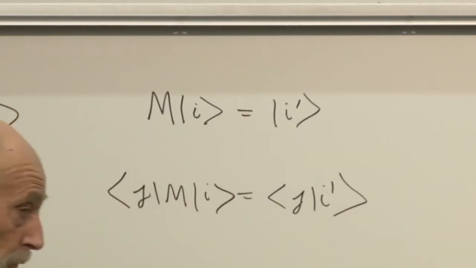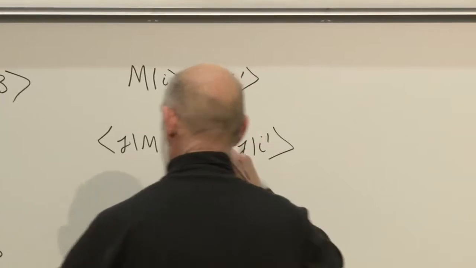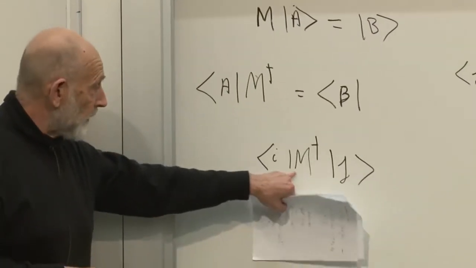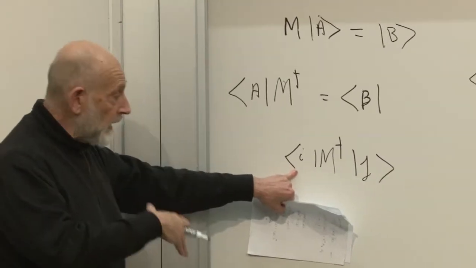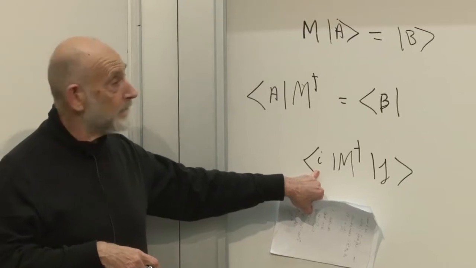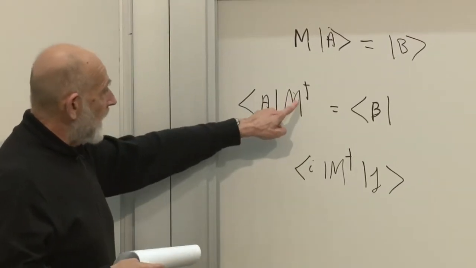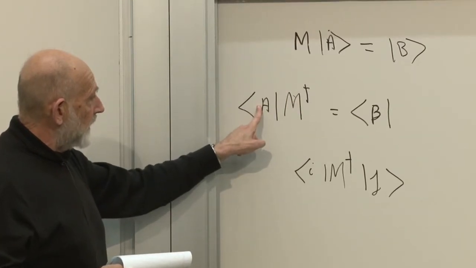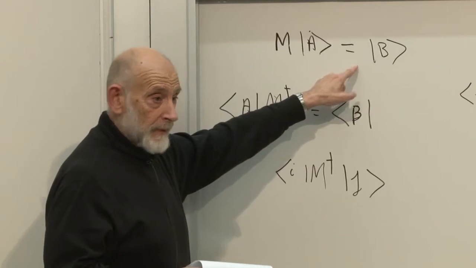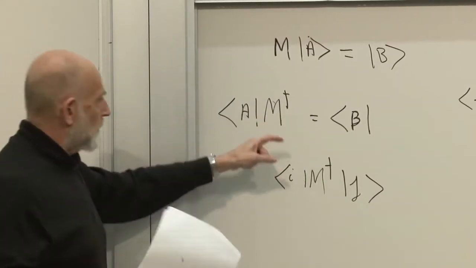If this is true, then by definition, what does M dagger acting to the left give on I? Okay, look at this equation here. M dagger, when it acts to the left, gives the bra vector B. All right, so that's all that dagger does, it sort of turns the equation over.